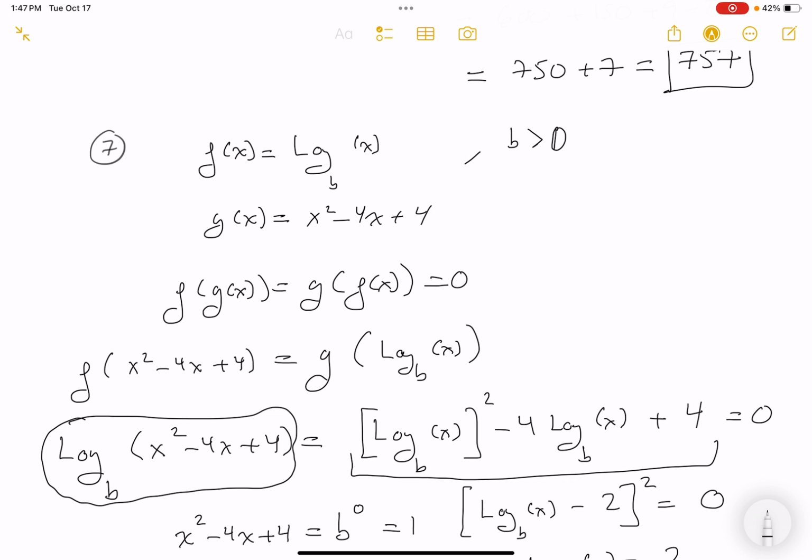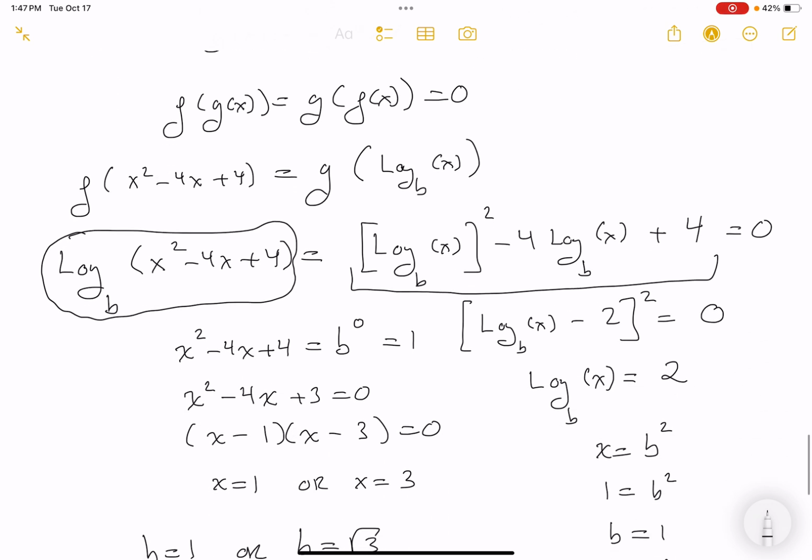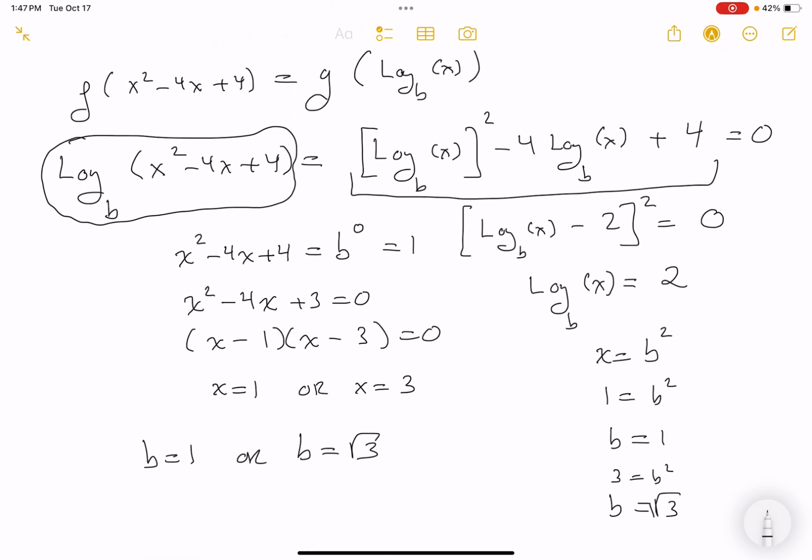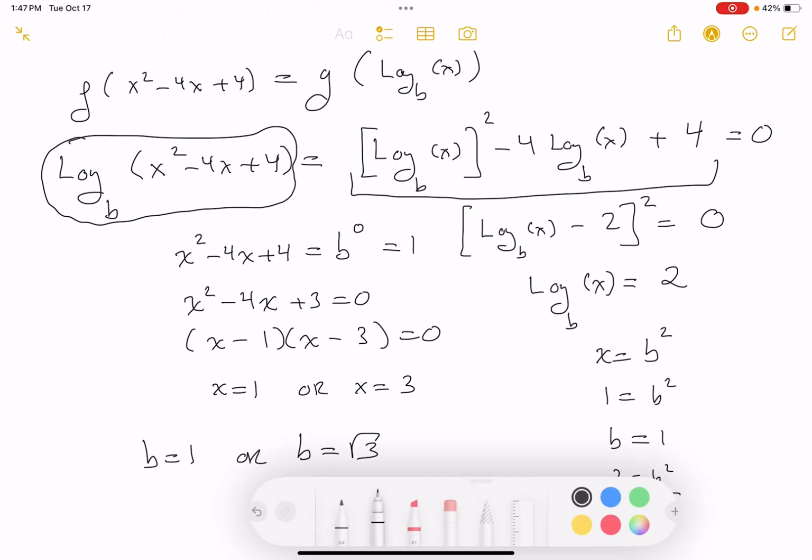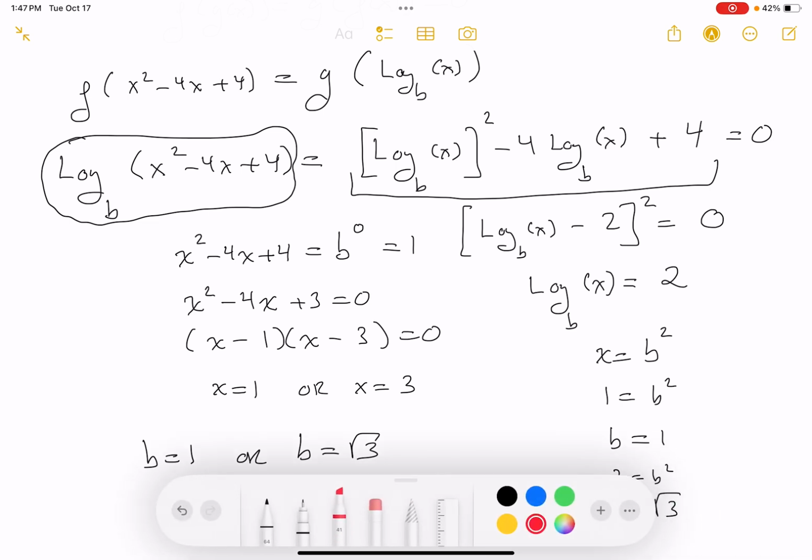I gotta be careful though before I say that's true. Okay, the reason b can't be 1, I'm gonna write this over here. At the end you get two answers and you wonder, did I make a mistake somewhere? But I want to look at this over here.